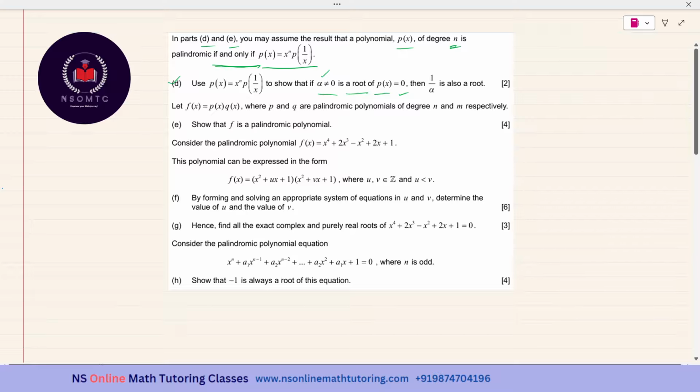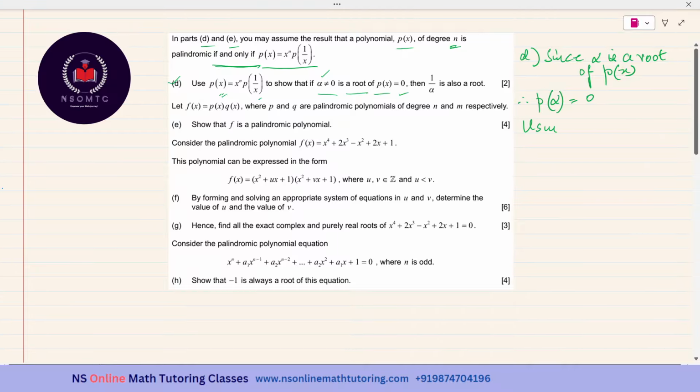Since alpha is a root of p of x, therefore p of alpha will be equal to 0. I'm just substituting alpha in place of x.